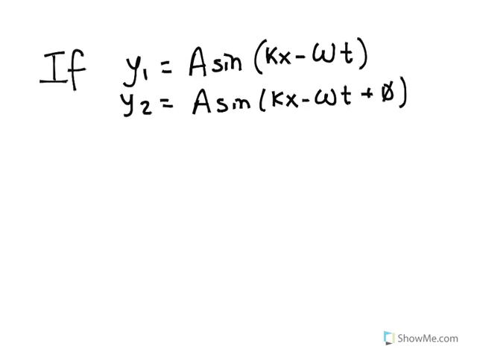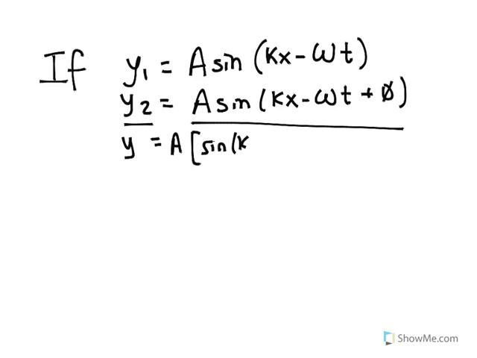Then the sum of both, which will be the actual wave perceived, is equal to A, the amplitude, times the sine of kx minus omega t, plus the sine of kx minus omega t plus phi.